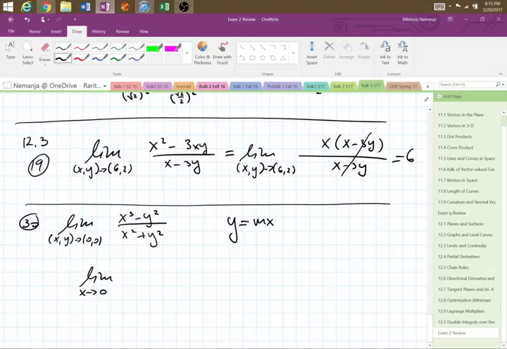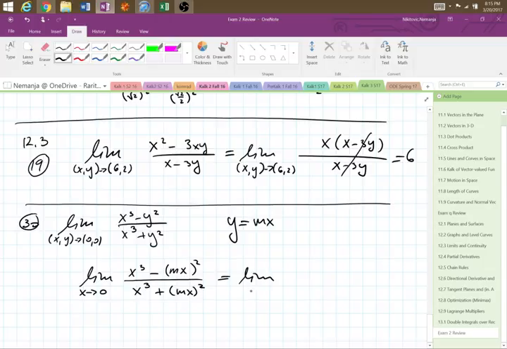So it reduces down to the limit as x goes to 0 of (x cubed minus mx) everything squared, divided by x cubed again plus mx squared.